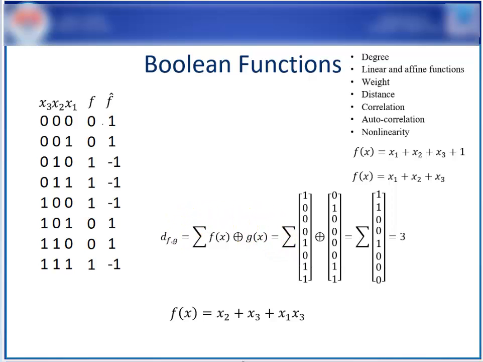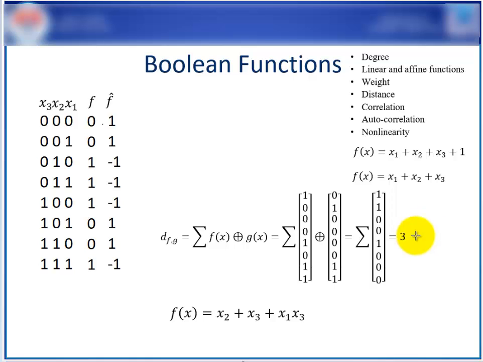One interesting property of a distance is that distance between an affine function and its corresponding linear function is always a maximal distance, since if we calculate the truth tables of affine and Boolean functions, due to this one, the output bits are going to be the complements of each other. Therefore, the distance between an affine function and its corresponding linear function is always equal to 2 to power n, depending on the number of input bits.